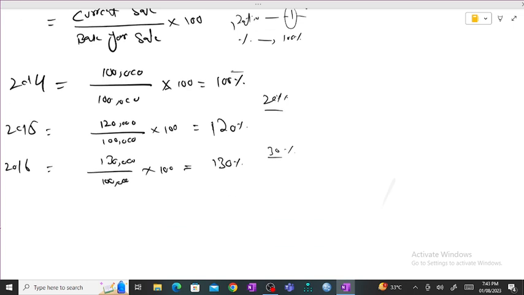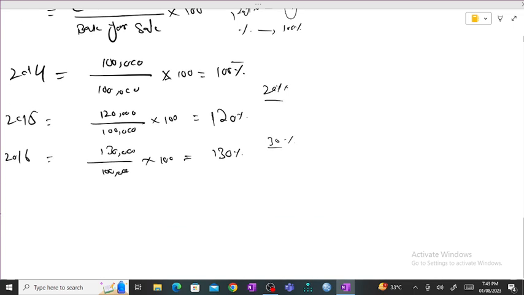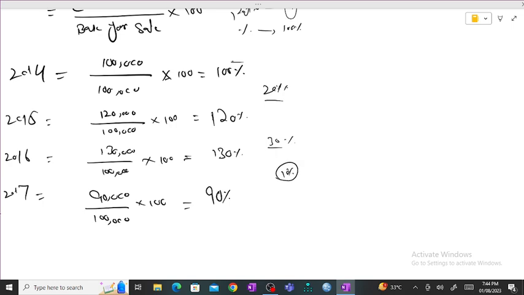Now, what is the idea about 2017? It's 90,000 sale, the base year will remain 1 lakh, multiply by 100, and we will get 90%. Now you will say that sale is 10% less than the base year. Okay, that is the idea, or the ideology, behind the horizontal and the trend analysis.